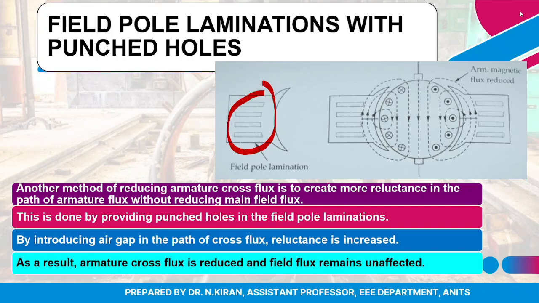By introducing extra air gap, the reluctance is increased. Since the reluctance is increased, the armature cross flux will decrease, and the distortion of the main flux also remains almost unaffected. So this is the second remedy for reducing armature reaction.